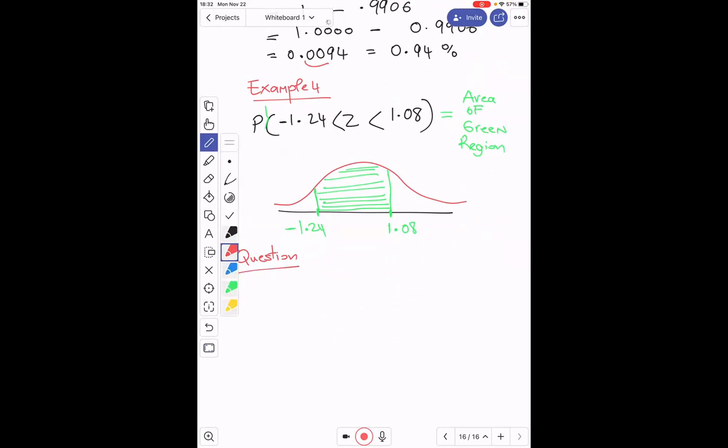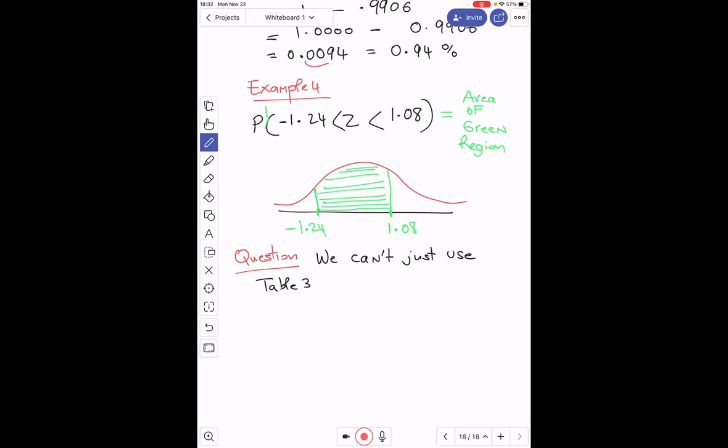We cannot just use table number 3, so we need to find a way to compute this probability. Again, table number 3 gives you the area to the left.